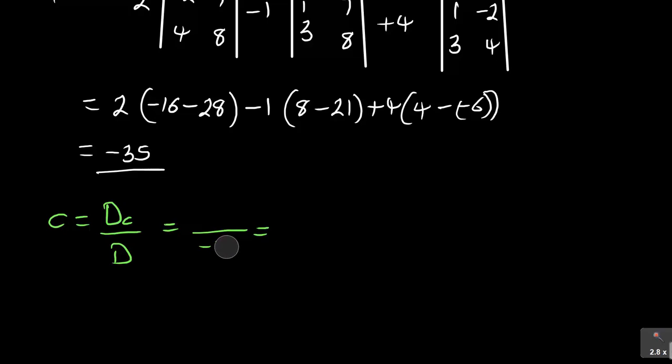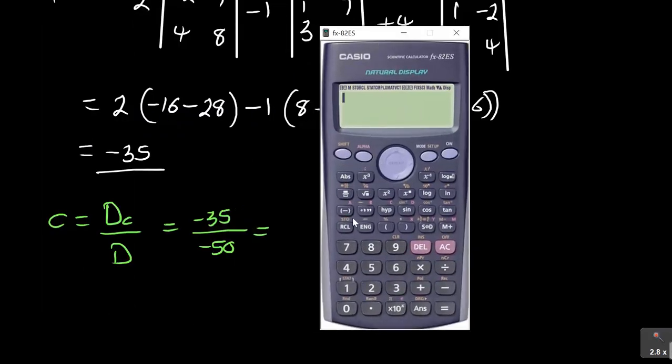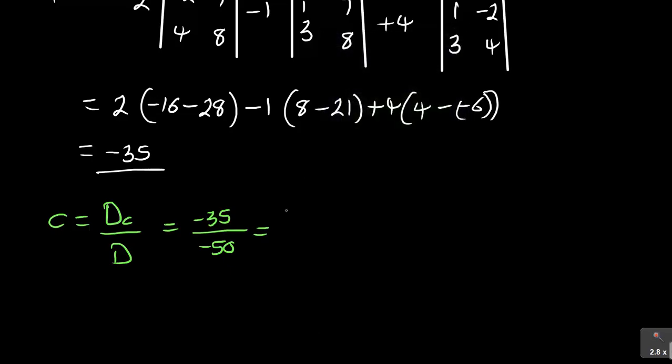It's minus 35, because that's my D of C, over D, which is minus 50. So when I do that, it will be negative 35 over negative 50. Then it will give me 0.7.